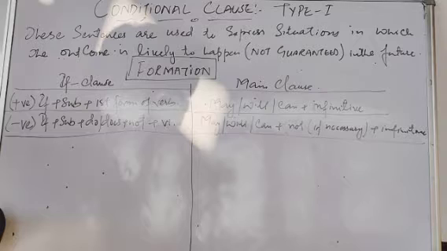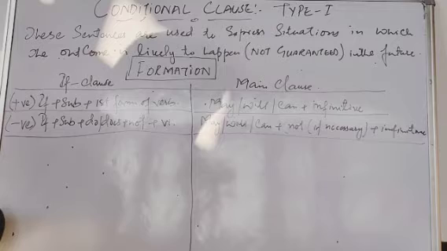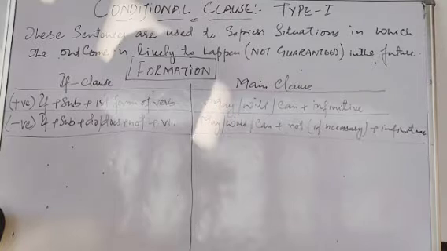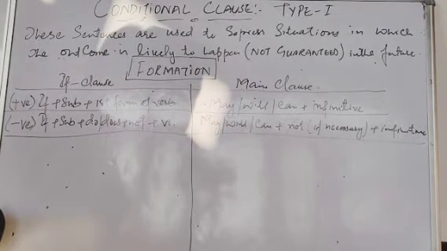This type first is used to express situations in which the outcome is likely to happen. Likely to happen means it's not guaranteed whether this thing will happen in future or not, but there are possibilities of its happening.